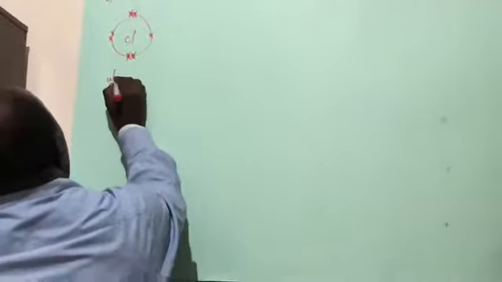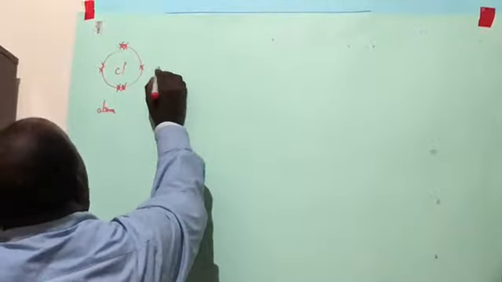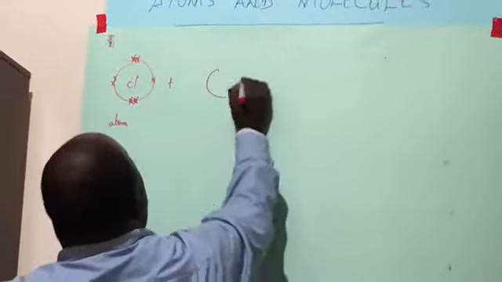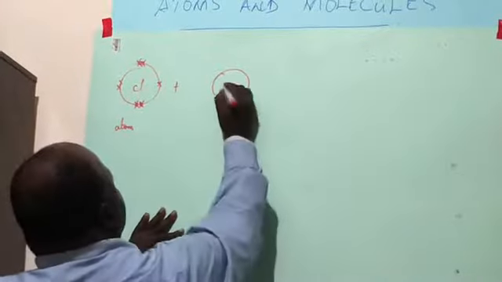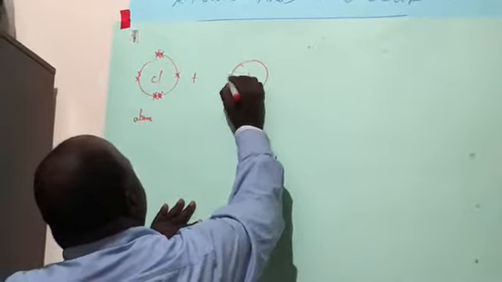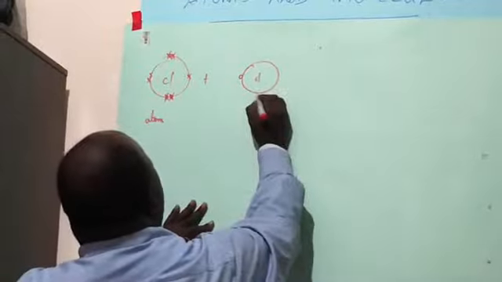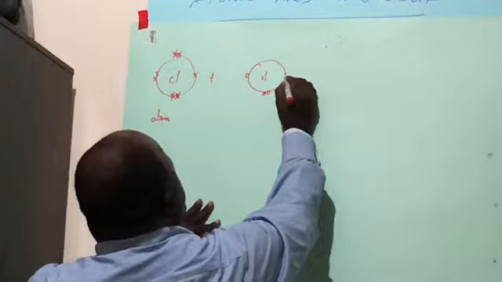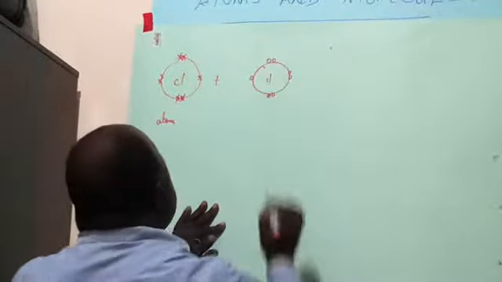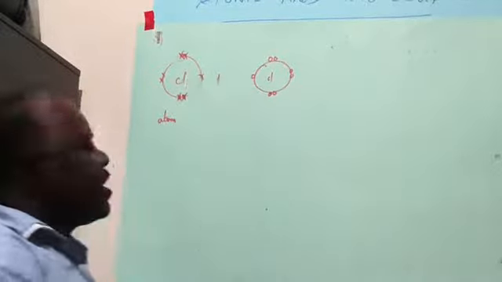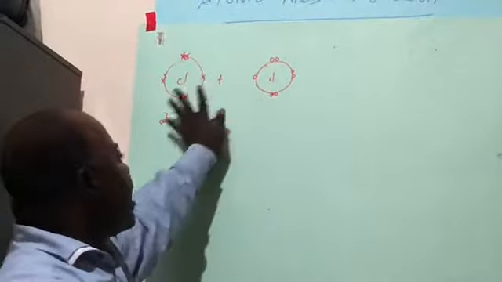It's an atom plus another atom of chlorine. It has the same 7 electrons. An atom of chlorine represented in a dot form: these are the electrons in their outermost shell. These are the valence electrons.